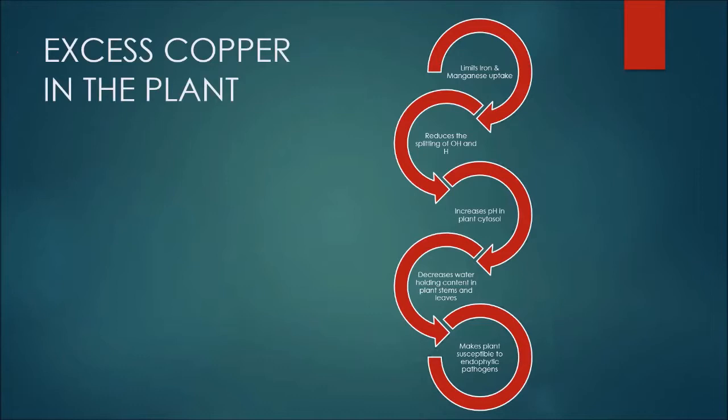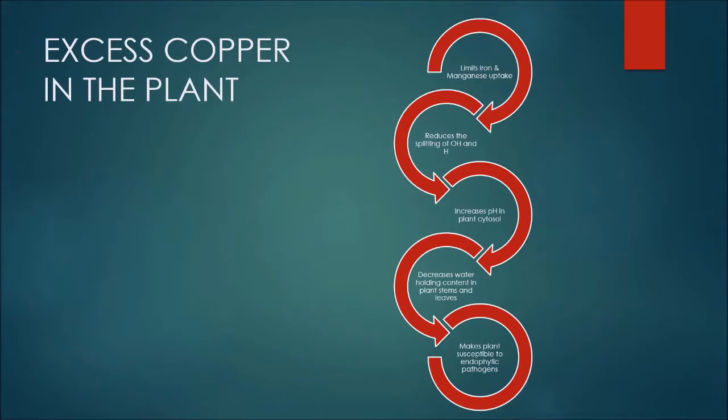Many of you may utilize a lot of copper fungicides, and I would contend that copper is a fantastic product when used in the right time, at the right amount, in the right way. When you have too much copper in the plant, you will limit iron and manganese uptake. You will reduce the splitting of the OH and H within the cells of the plant.